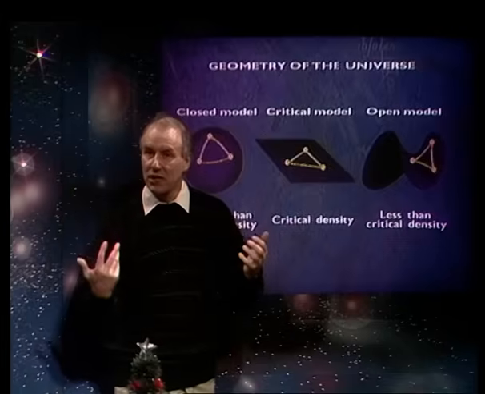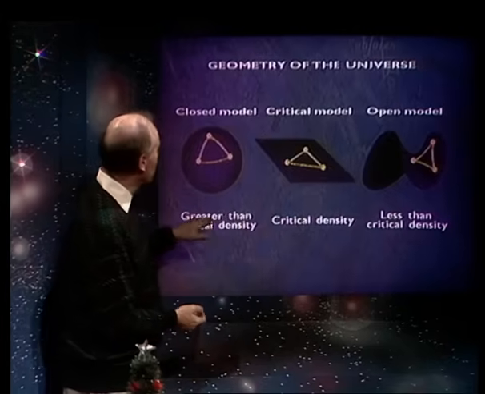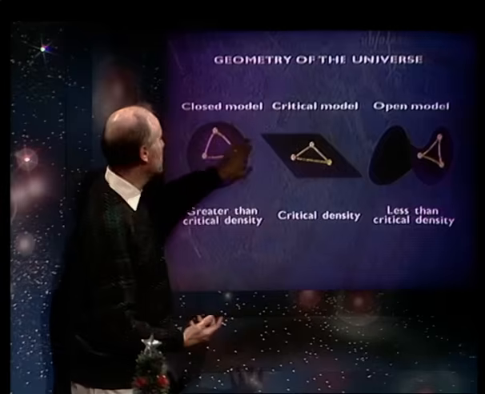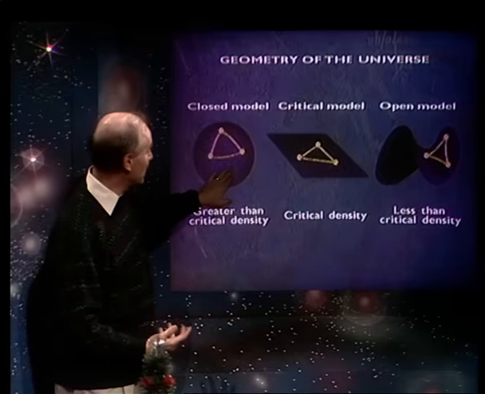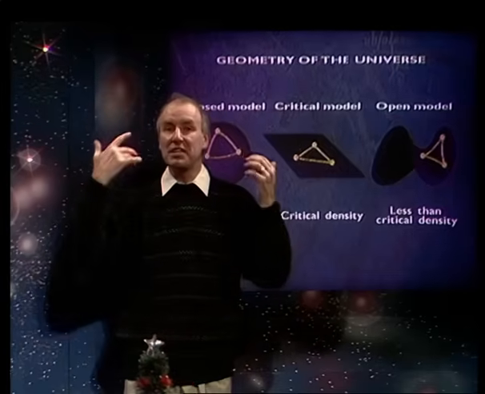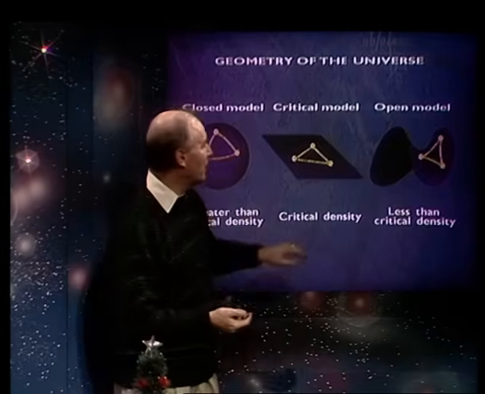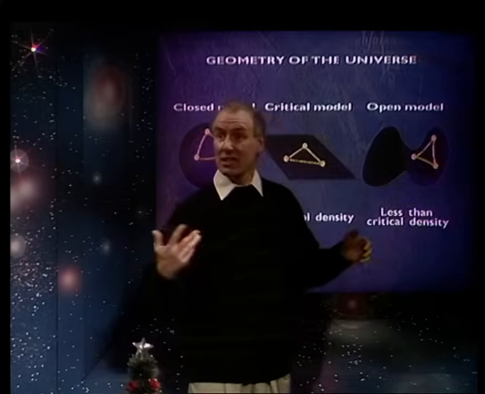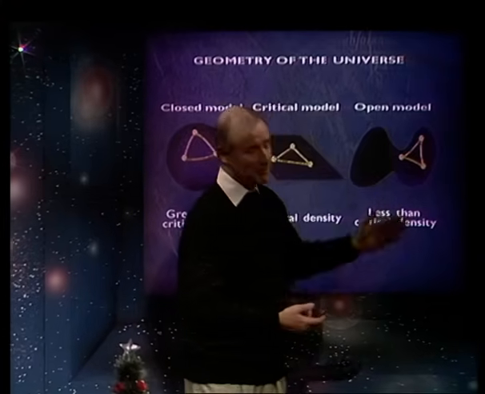If the density is greater than the critical density, the universe will collapse on itself again, but the geometry is spherical, as here. If the universe has density less than the critical density, then the geometry of the universe is hyperbolic, just like the saddle here.